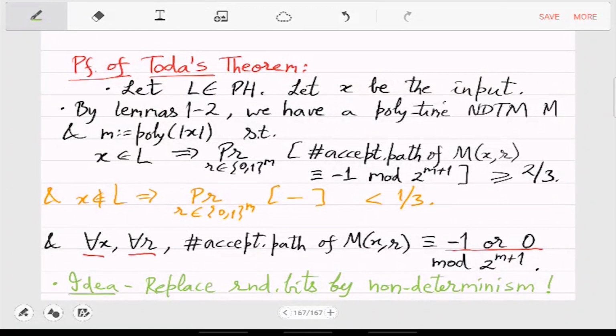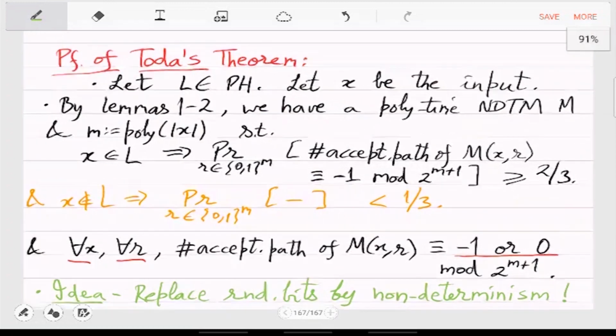So the algorithm will not use R as true random coin tosses, but it will just try to guess R, and so it will remain an NDTM.